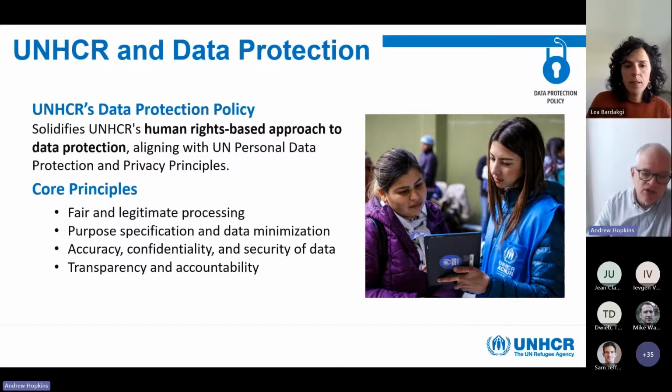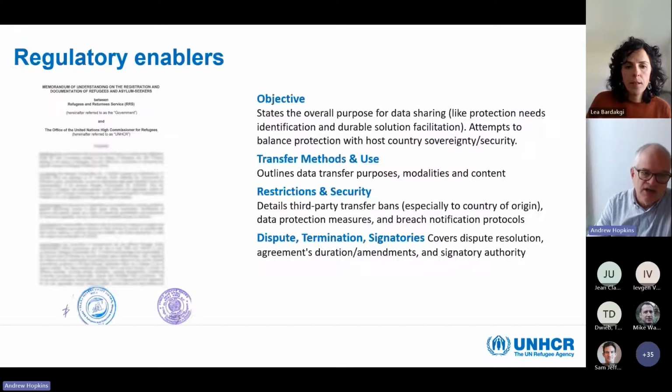So here, with all our partners, we have a kind of regulatory enabling environment whereby agreements are drawn up between either governments or other UN partners or NGO partners to be able to make sure that the conditions by which we share data are safe, and that they are restricted in a way that doesn't threaten the well-being of refugees. We want to be risk averse.